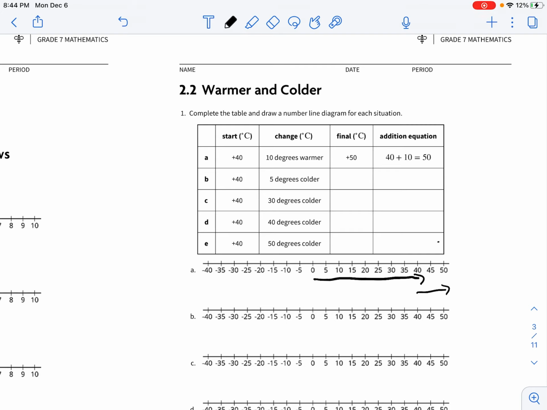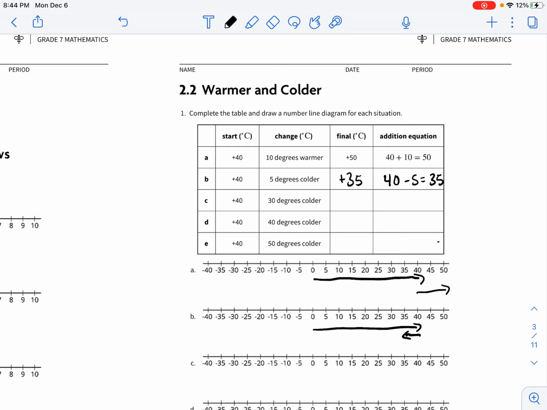Okay, this next one, you're starting at, or you're going out to 40. But now you're getting colder 5 degrees, so you're actually going to go back. And so here you get a plus 35. And that's just 40 minus 5 equals 35. It got colder.